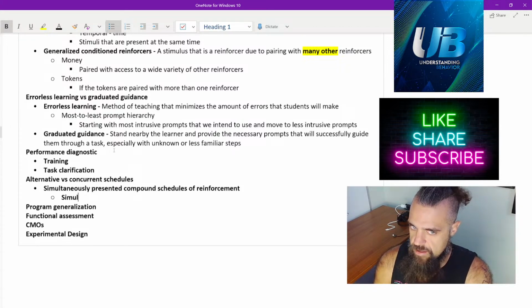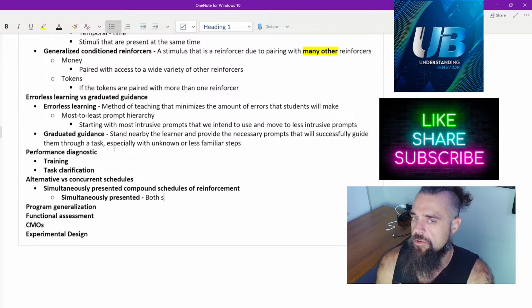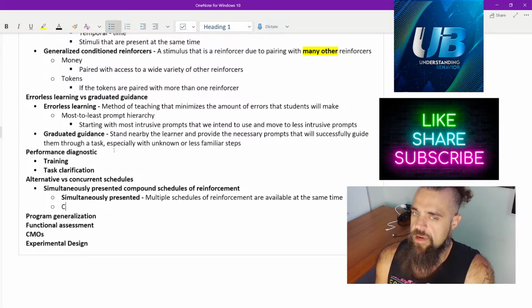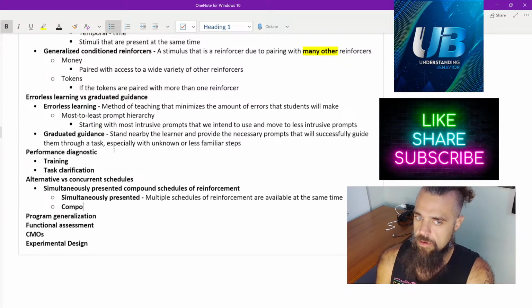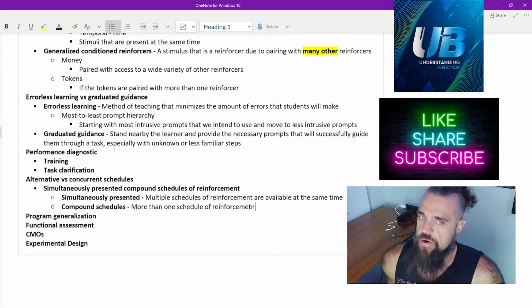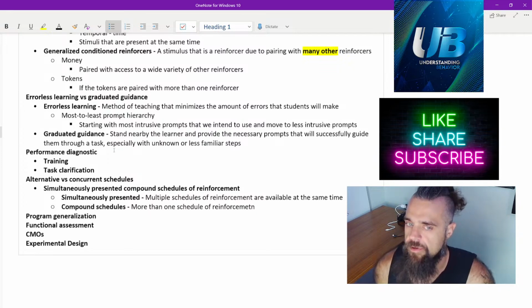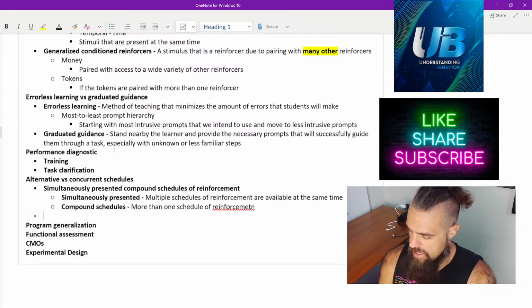Simultaneously presented means that multiple schedules of reinforcement are available at the same time. Then we have compound schedules. This just means more than one. So that's what we're working with here. We've got more than one schedule of reinforcement, and they're available at the same time. That's true of both of these.